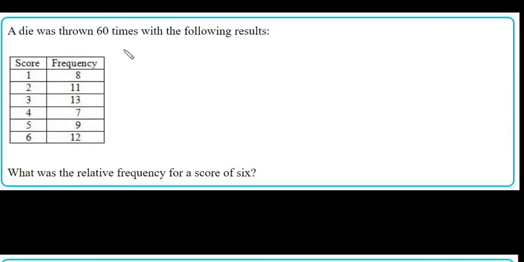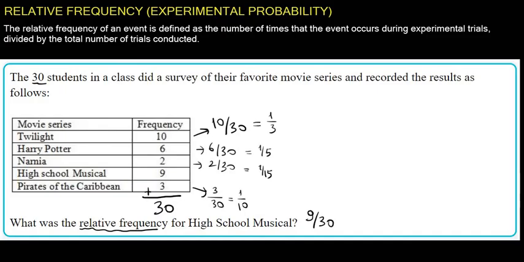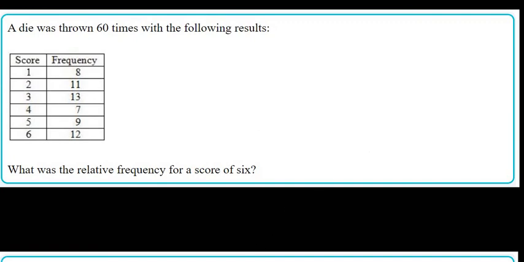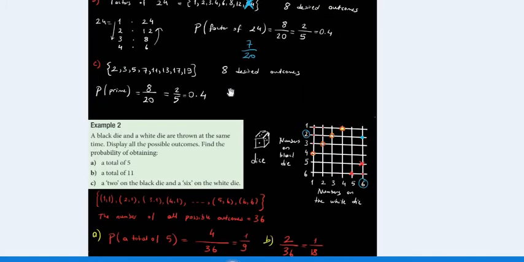A die was thrown 60 times with the following results. Now, in this case, we have an experiment. In relative frequency, we have an experiment, so it is also called experimental probability. But if you remember yesterday's lesson, do you see yesterday's lesson on the screen?